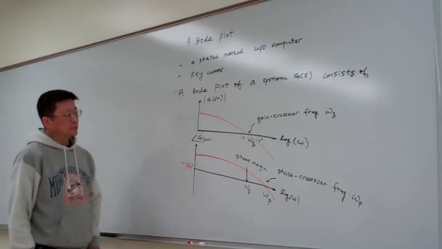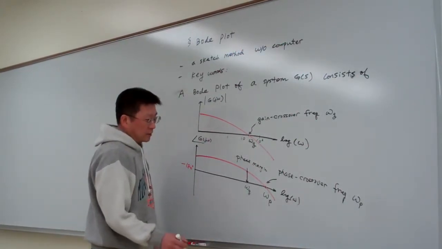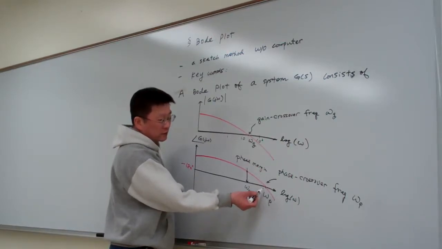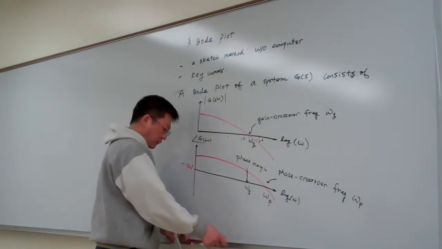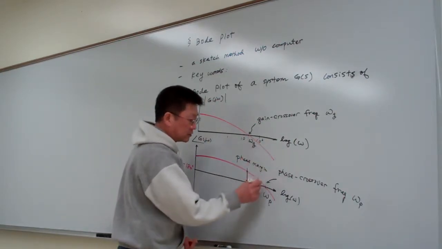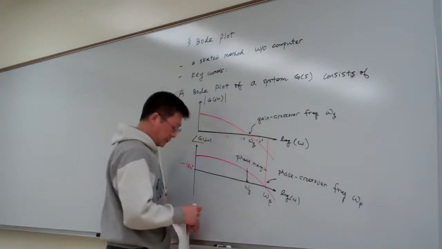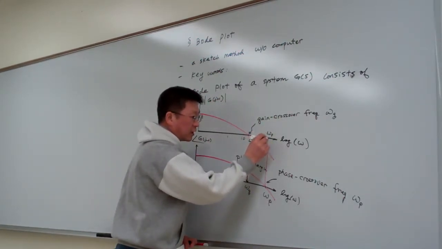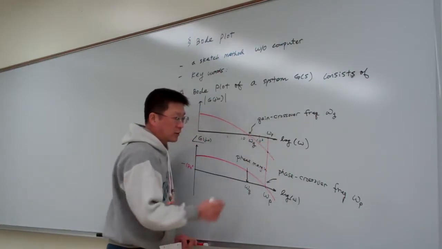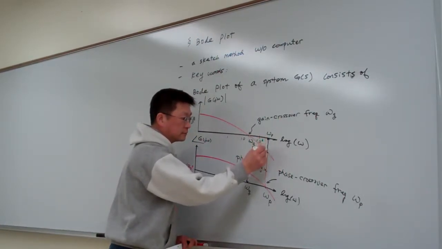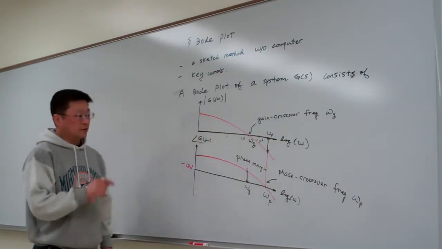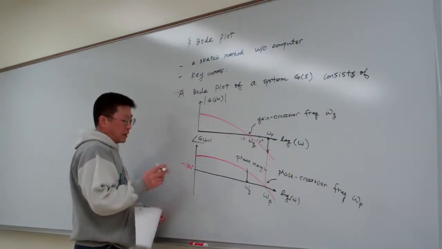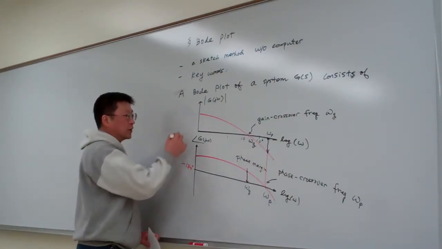Okay. And on the other side, at omega P, the phase crossover frequency, corresponding to here, we have the gain margin. So for this case, this is omega P, and this is the gain margin here. For this particular example, the gain margin is measured from the magnitude equal to 1.